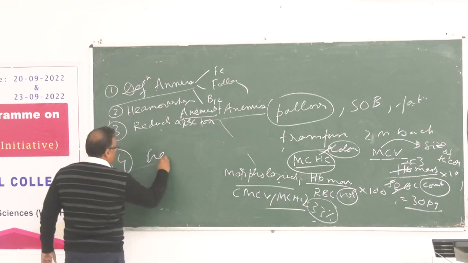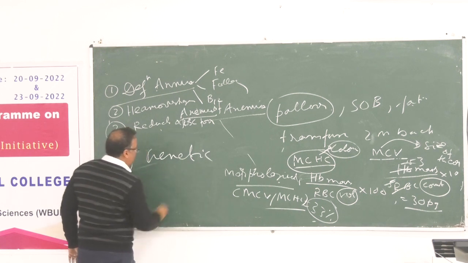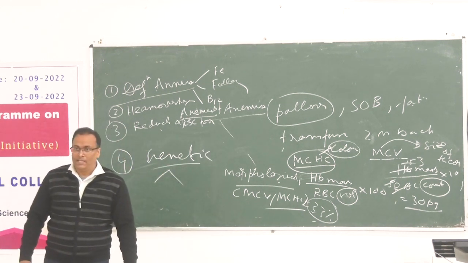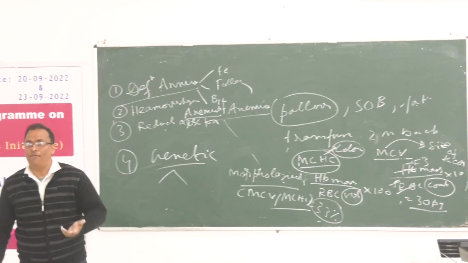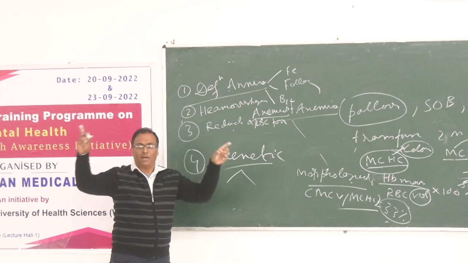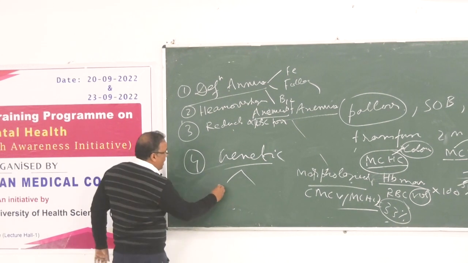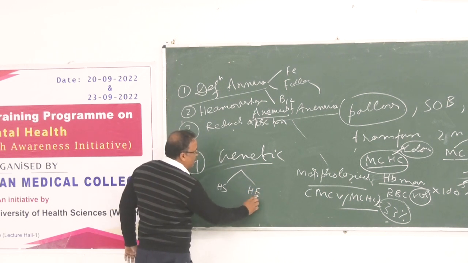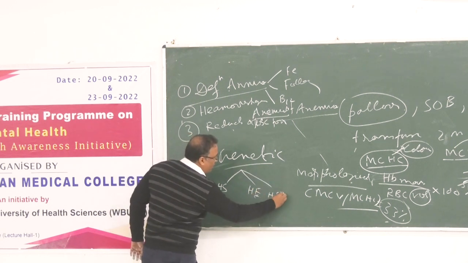So genetic cause will first of all come as genetic mutations of some proteins like ankyrin, spectrin in the RBC. Then this will come as hereditary spherocytosis, hereditary elliptocytosis, hereditary stomatocytosis.